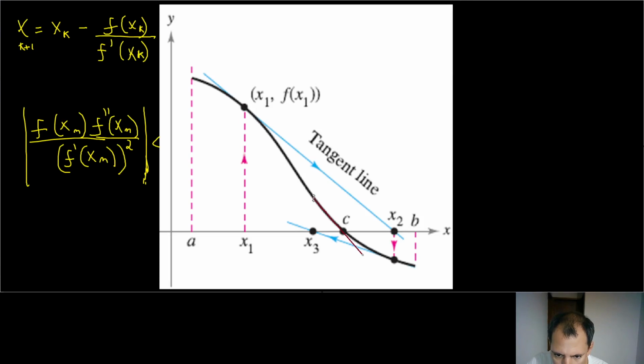Let's make it pretty big. So you have this tangent here. I'm going to make it thick. You see that this tangent is already crossing the C here? I mean, the tangent from this point went down and it's already crossing the C, or it's very close to C, so it's converging. So this is a visual example of what's going on.